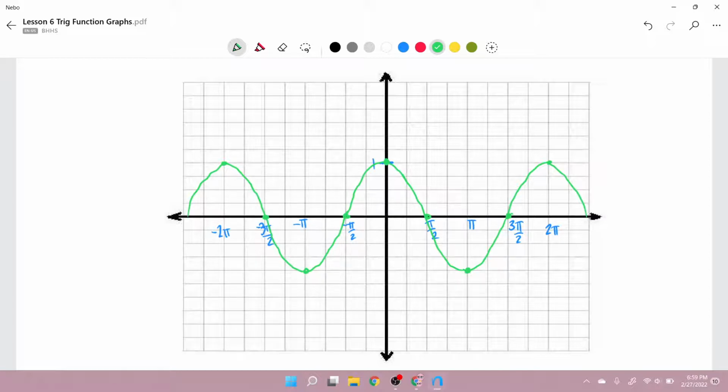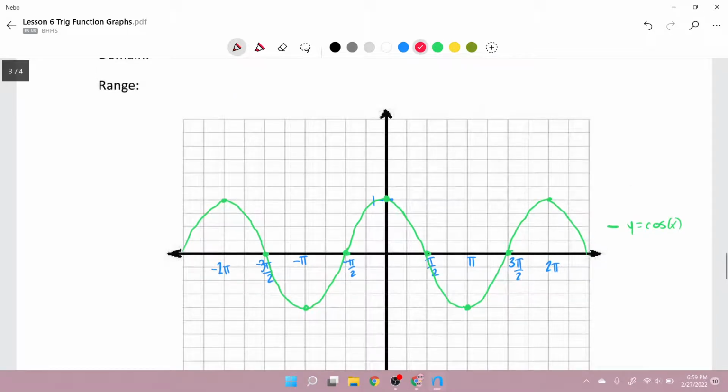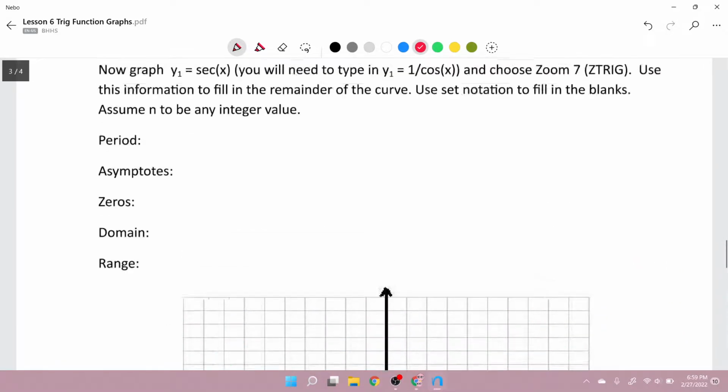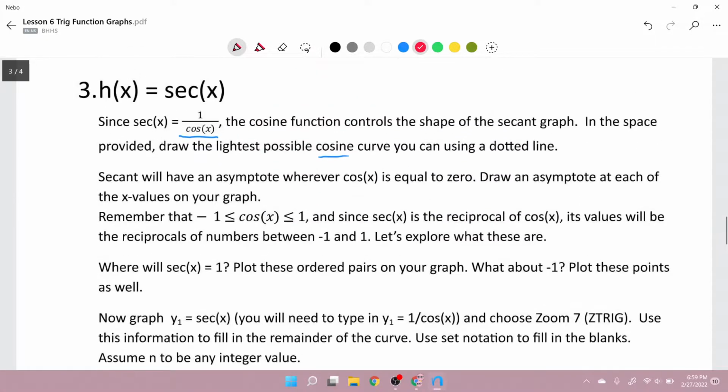Now we're going to try to see the relationship between this cosine curve and the secant curve. Let's say this green is our cosine of x, y equals cosine of x. And then we'll graph the secant curve in red. Secant will have asymptotes wherever cosine is equal to 0, because secant is 1 over cosine.